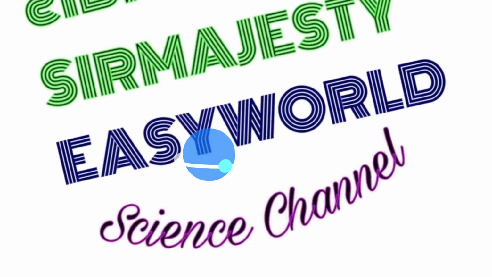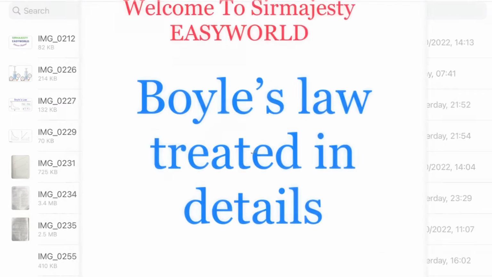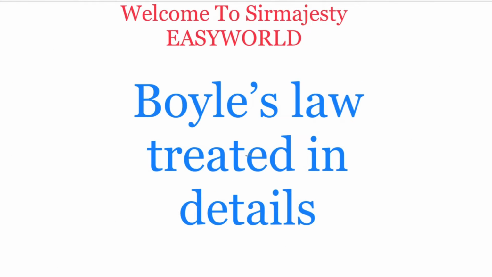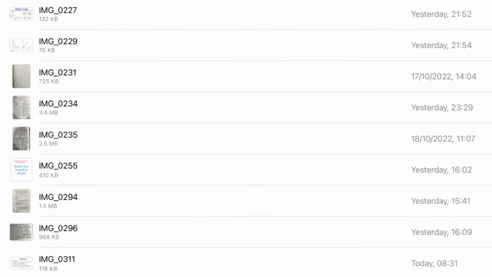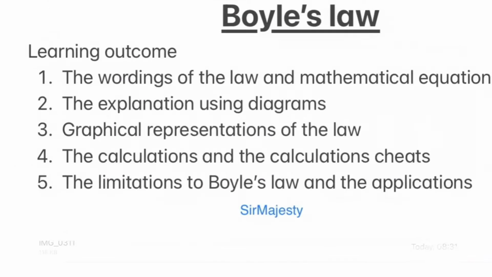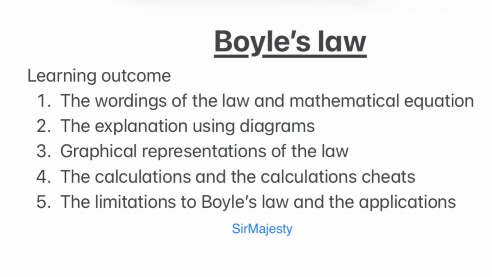Today, we're going to be handling Boyle's Law. Boyle's Law will be treated in detail, and the outcome of the class will include the wordings of the law and the mathematical equations, then the explanation using diagrams where necessary.